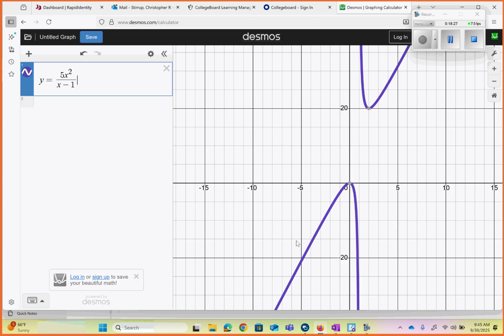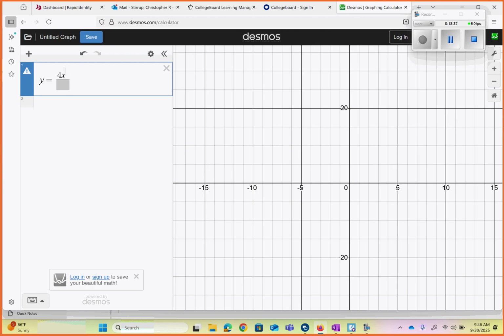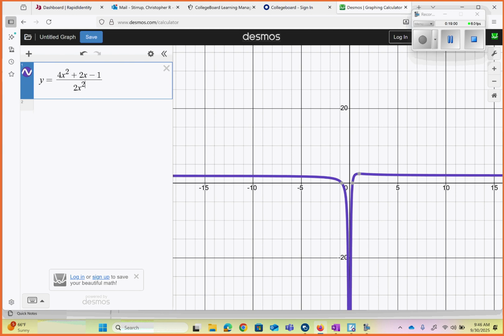It's two different things. And then the last question on the page, we have 4x squared plus 2x minus 1 over 2x squared minus x.